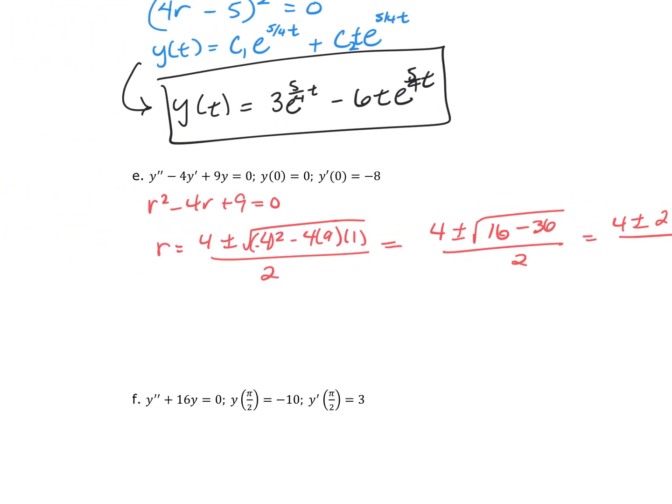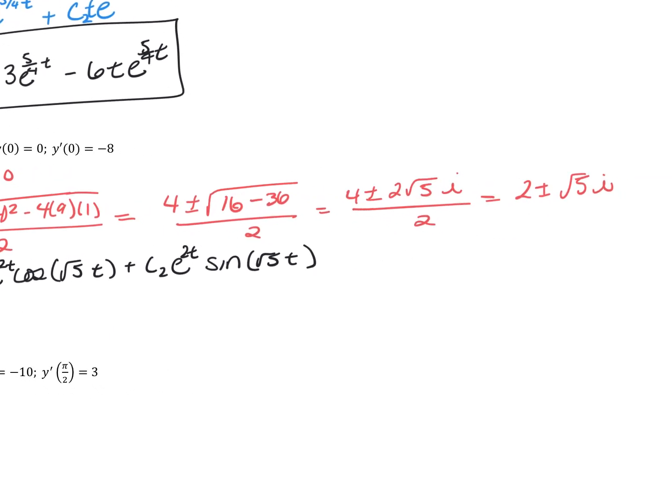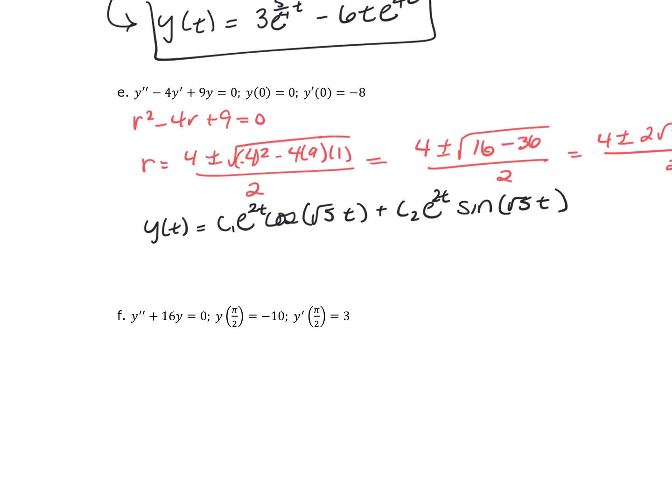Now if I go look at my chart, my general solution is y of t equals c sub 1 e raised to alpha, the real part, the 2t, times the cosine of the complex part, which is the square root of 5 t, plus c sub 2 e raised to the real part, 2t, times the sine of the complex part, the square root of 5 multiplied by t. Once again, I'm going to use this initial value to find my c1 and c2.